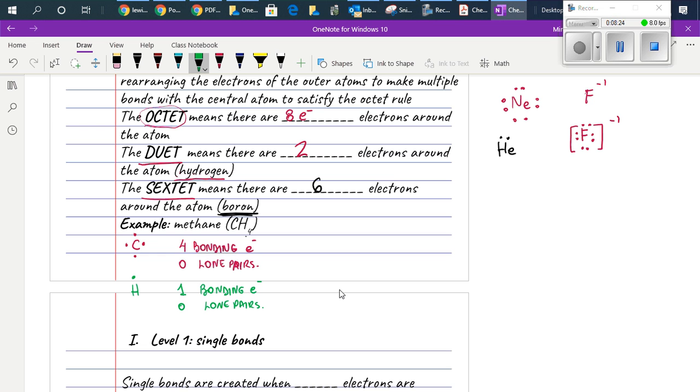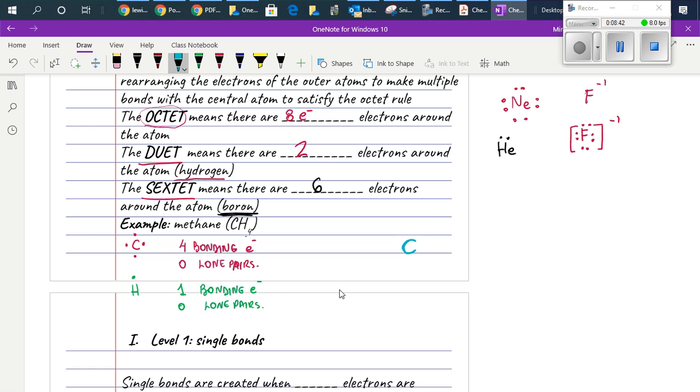So therefore, naturally, we decide that the central atom is carbon. So now carbon is placed at the center, and then we said that we'll start counting the electrons for each of them.